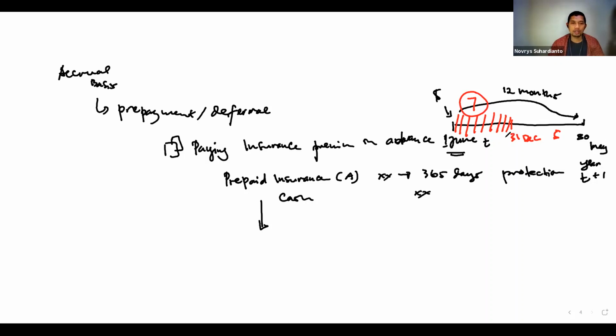Okay, so to record the economic benefit that has already expired, we need to make an adjustment by recording insurance expense and crediting or reducing the prepaid insurance.